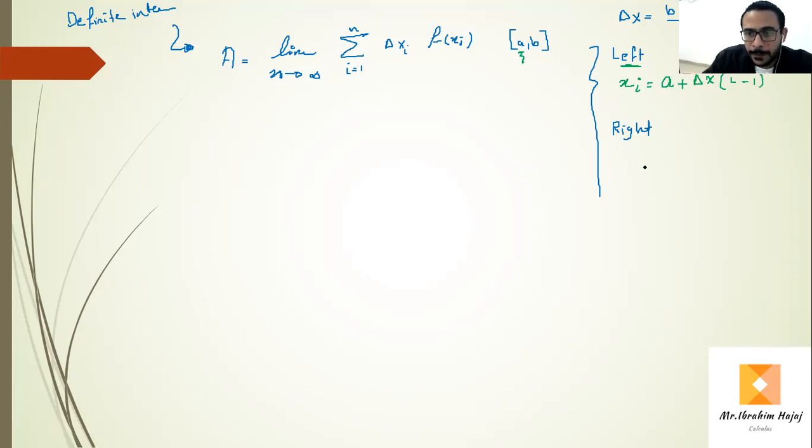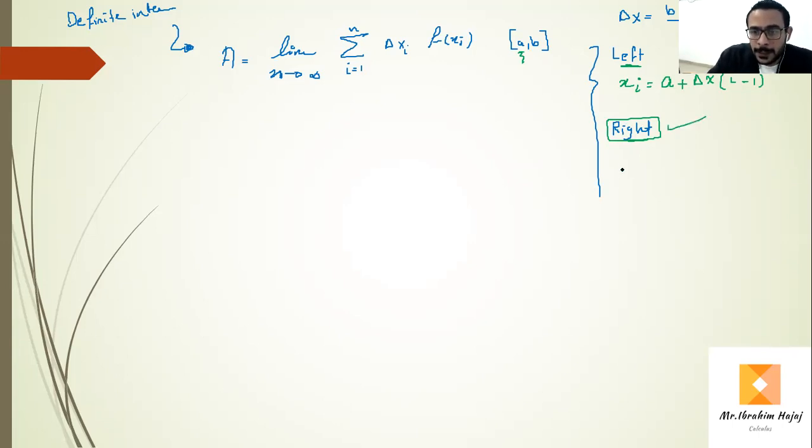We would like to work with the right, because the math is less complicated in the right way, but it's hard in the left way since we have i minus 1, so it's more complicated than the right. So we always use the right way.